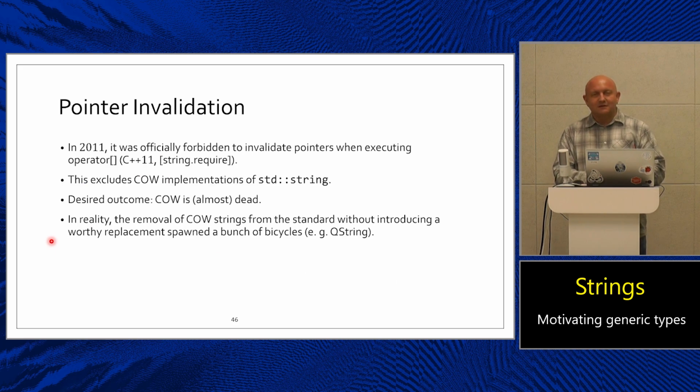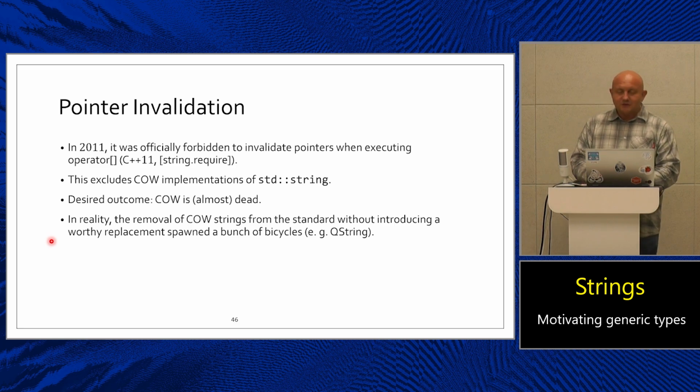And in 2011, I believe, the standard was changed so that strings could not invalidate pointers when executing the subscript operator. So now the official requirement for the string is that it must not invalidate pointers during the subscript operator, and this requirement killed COW.